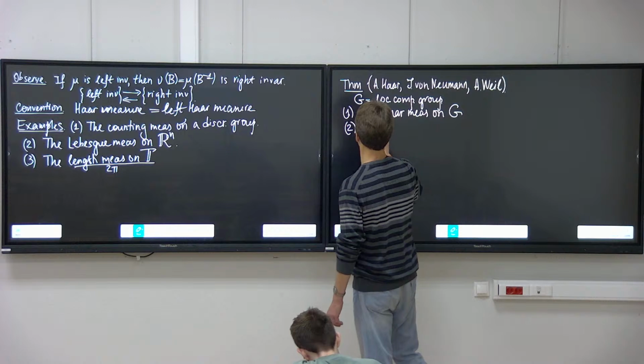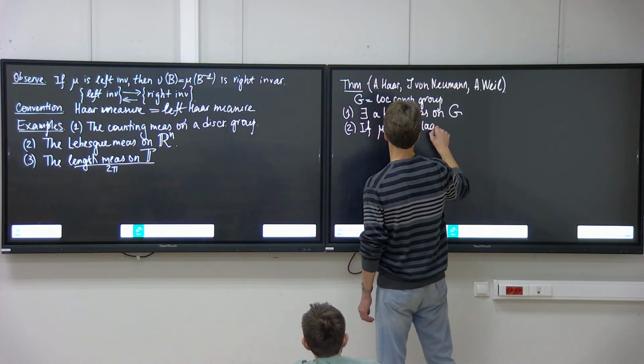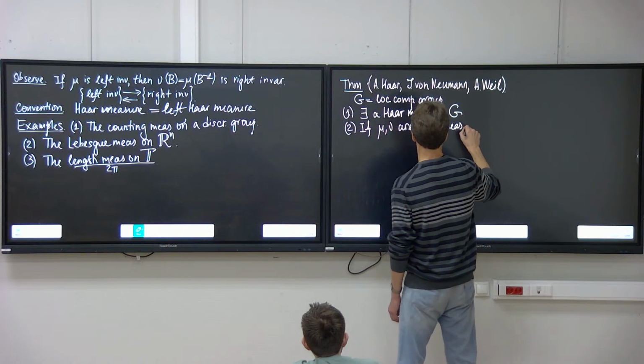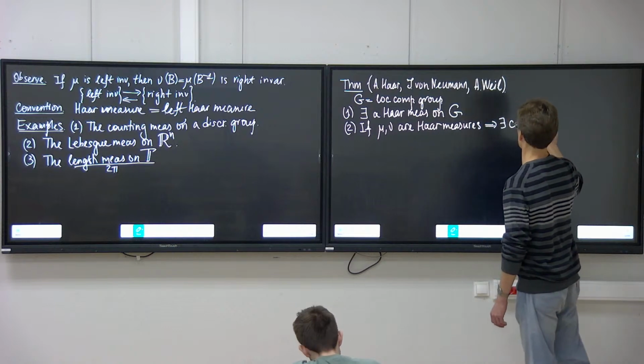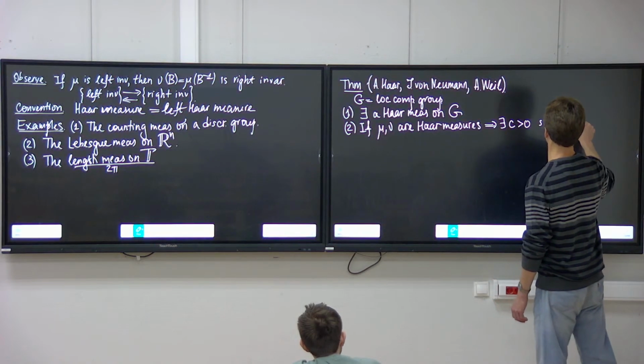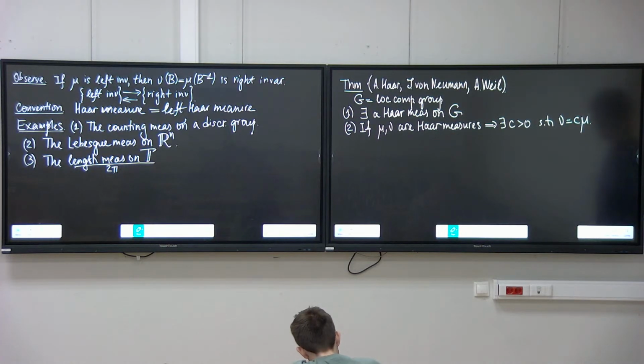If mu and nu are two Haar measures, then there is a positive constant C such that nu equals C mu. So the Haar measure is essentially unique.